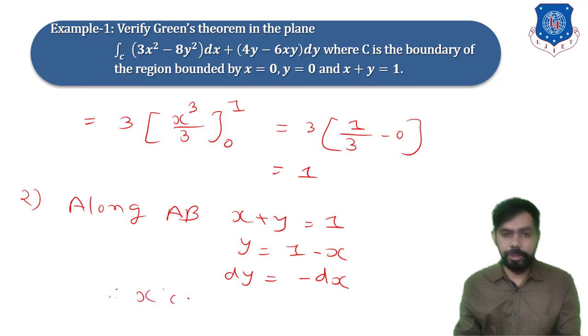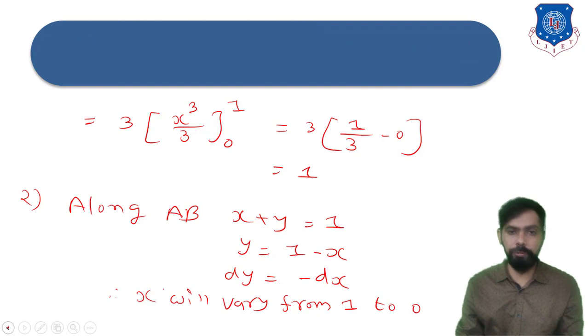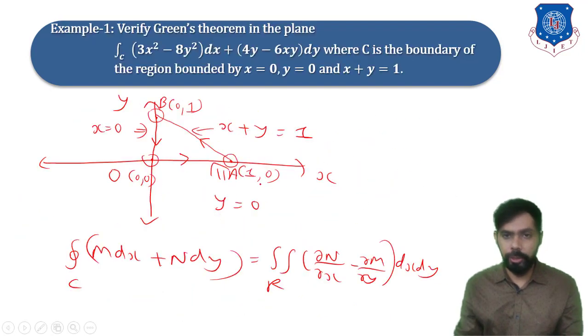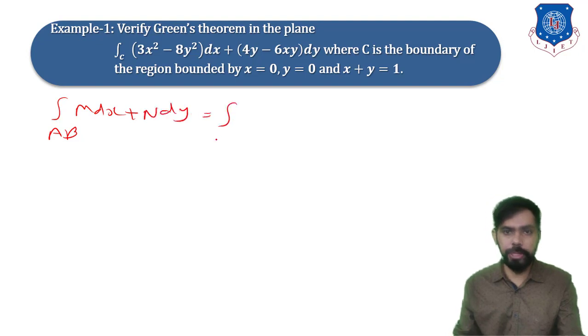Here x will vary from 1 to 0 because if you look at the graph and the coordinates, here x is equal to 1 and here x is equal to 0, therefore along this path x will vary from 1 to 0. Clear?